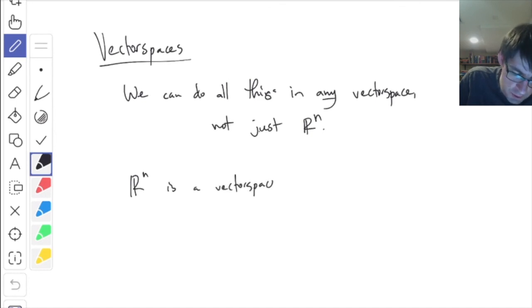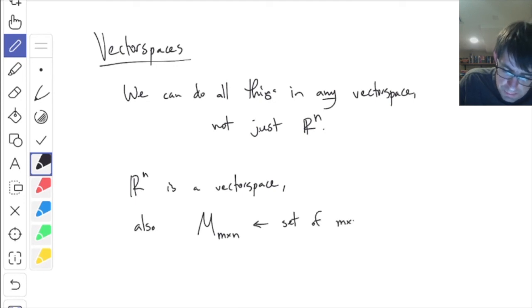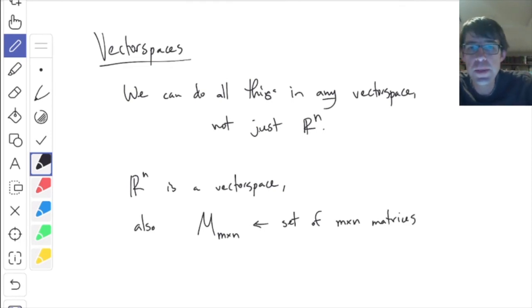But anyway, Rn is a vector space. There are others also, like M by n, the set of all M by n matrices. These are a vector space. That is, you can add them together, you can multiply them by scalars, and you can do all this independence, linear combinations, all of that stuff.